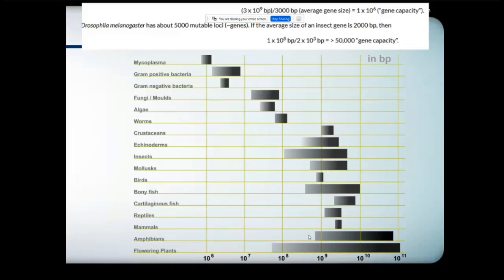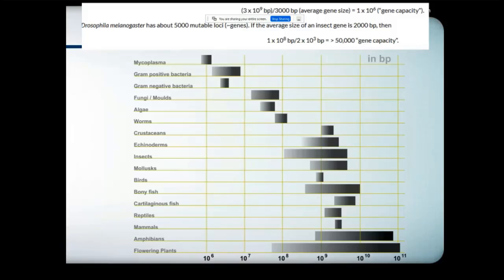So it is a broad range of genome size that is available for amphibians. And flowering plants have a very broad range, which may range from 10 raised to 7 to 10 raised to 11. So that much size difference is there in the genome size of the flowering plants.